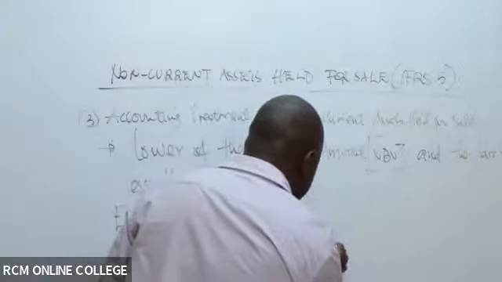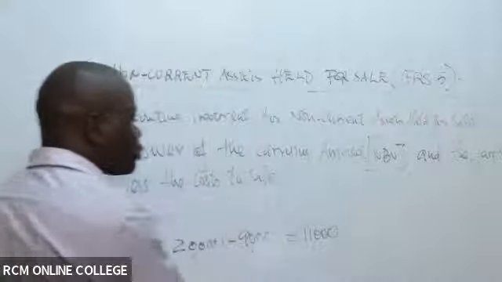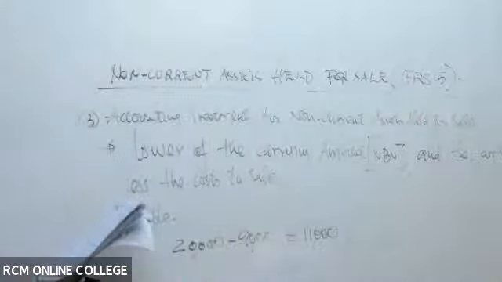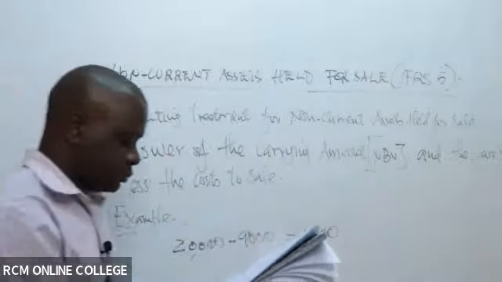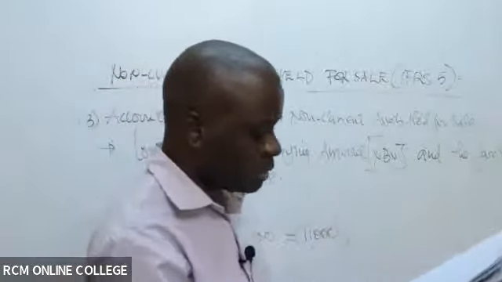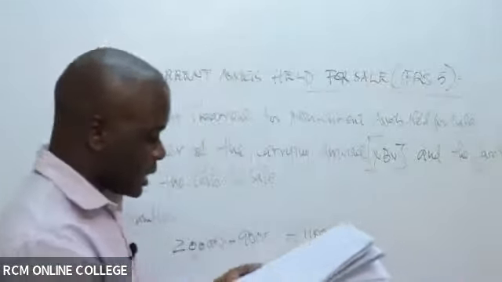So that becomes the carrying amount, or what you call the net book value.